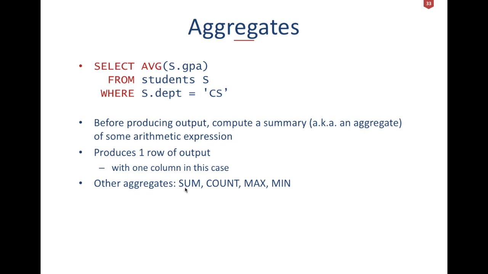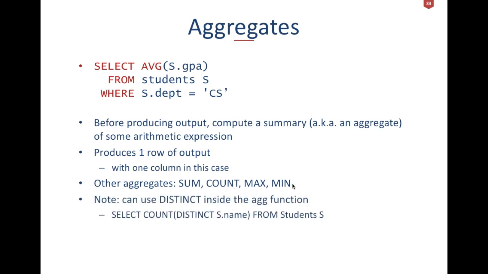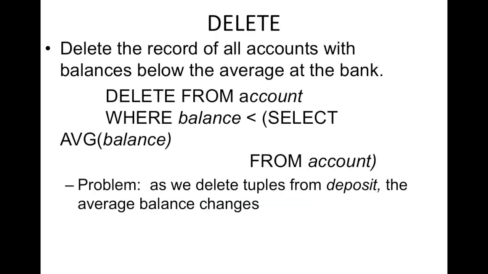Other important aggregates are sum, count, max, and min. So instead of AVG, average, you can use any of these aggregation functions. You can also put distinct inside the aggregation function if you want to count distinct names or according to your application and to your query.